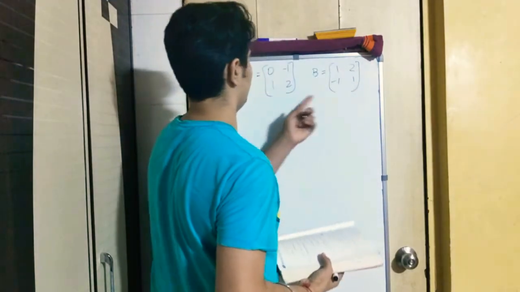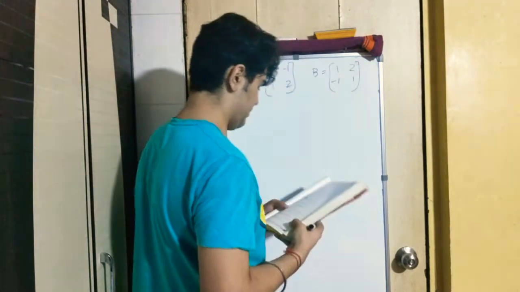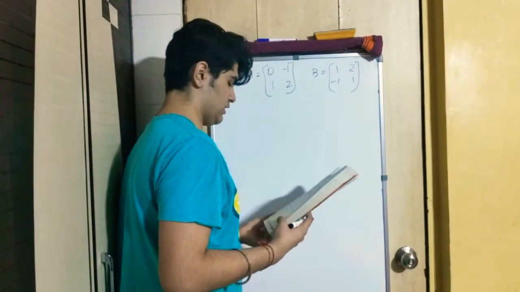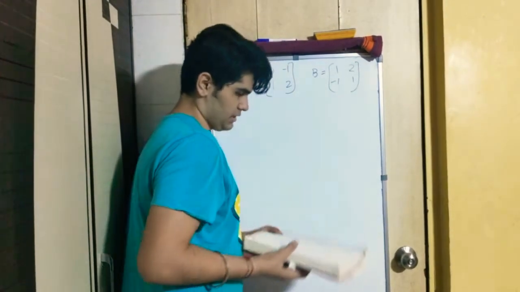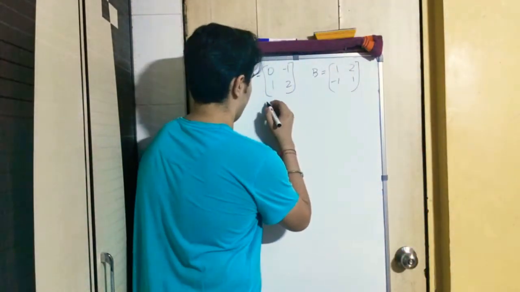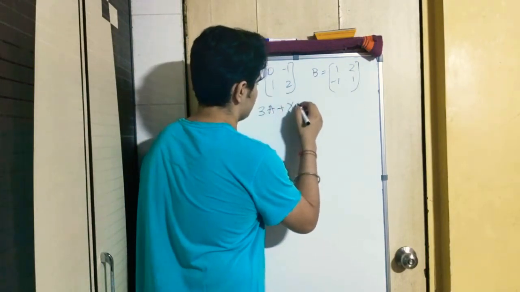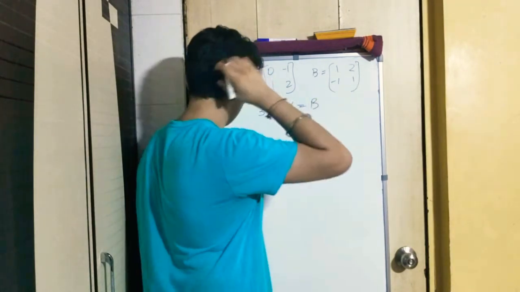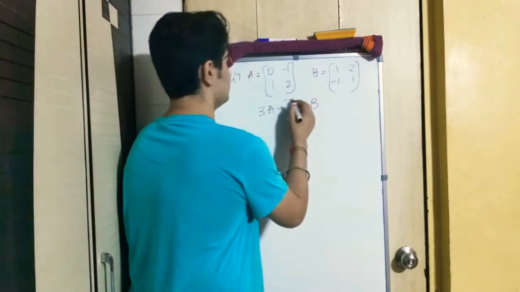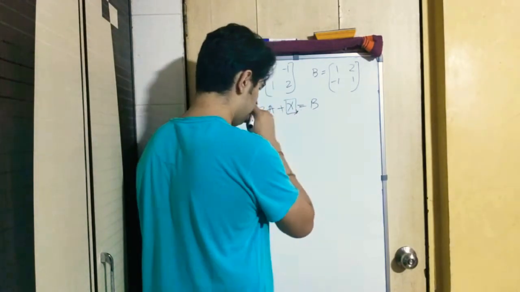This is a square bracket, okay, not a curly bracket. We have to find matrix X. The first condition we are given as 3A plus X is equals to B. So this matrix is unknown to us. We have to find this matrix.